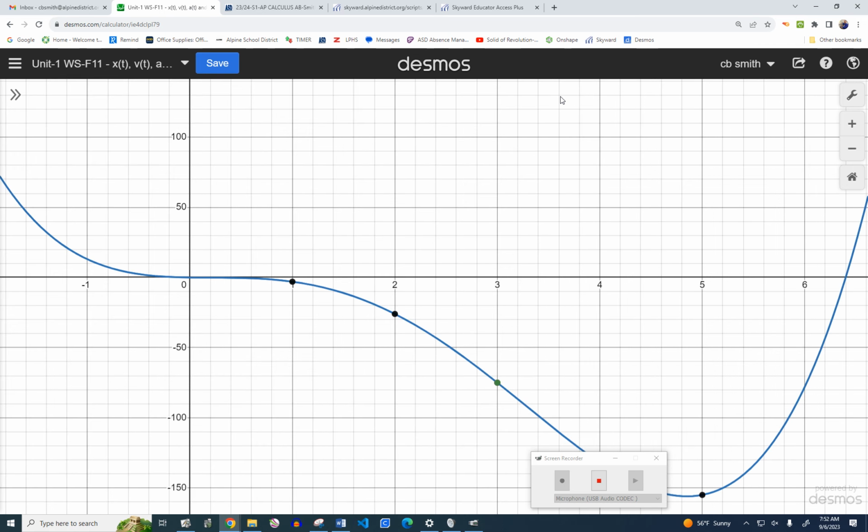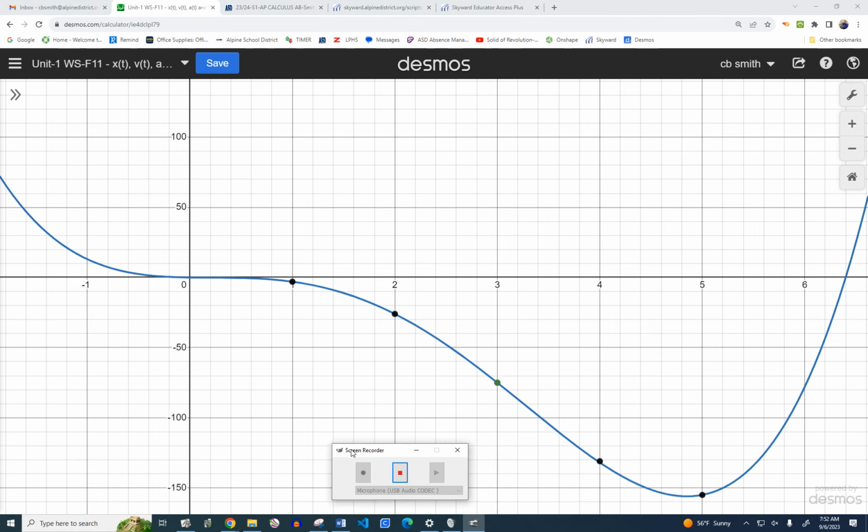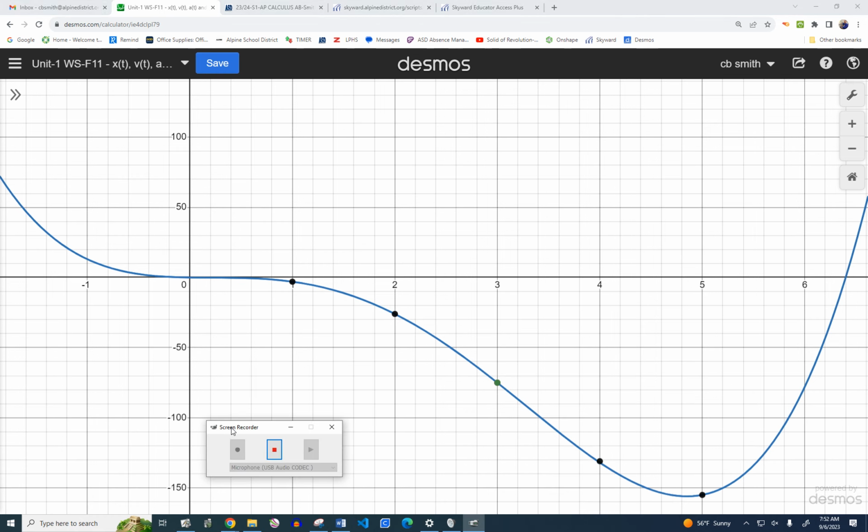Okay, quick refresher then. This is the position graph, and what you want to remember is, my advice is, don't follow the curve. Just follow the numbers. Every dot has 2 numbers assigned to it. The first number is the time, and the second number is the location.